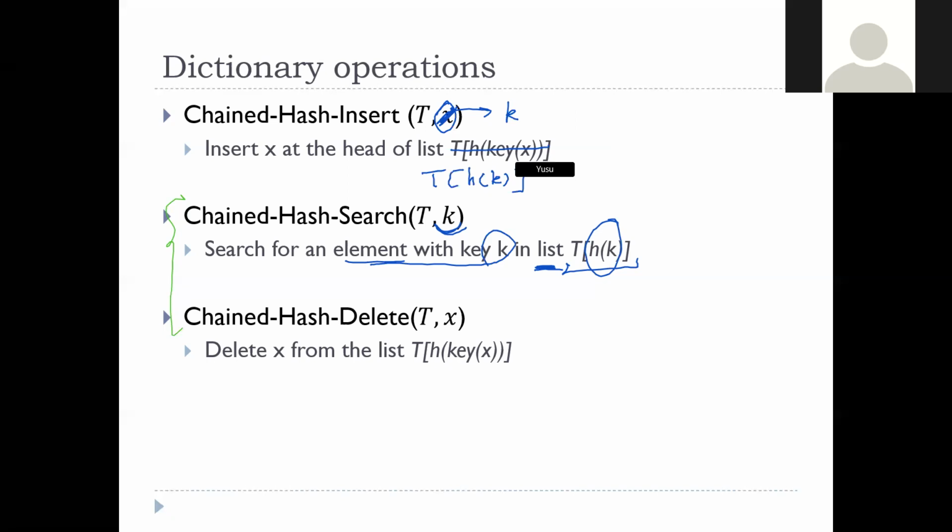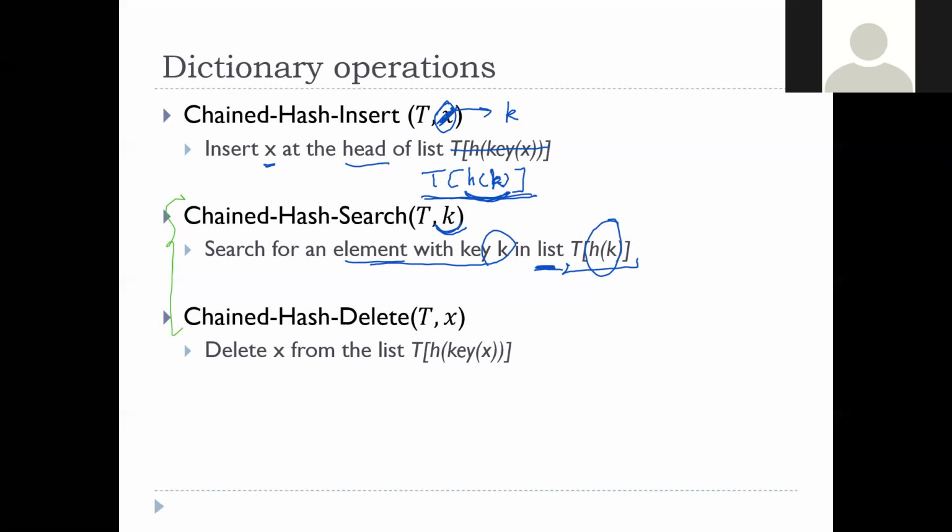You simply compute its hash value, and go to the corresponding entry in the hash table, and then you insert this key at the head of it, or if you're using Python, it's probably going to add it at the end of it. Just append it to the end of the array. Doesn't matter. So that's it. You just insert it into the list associated with this hash table entry.